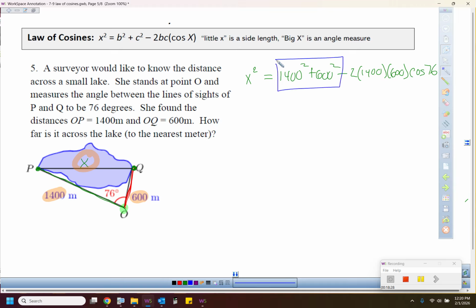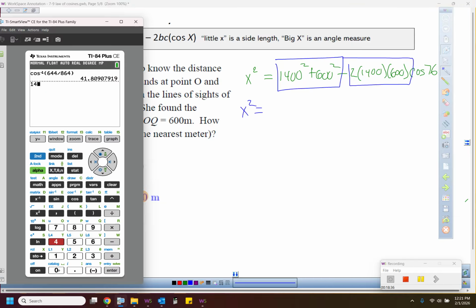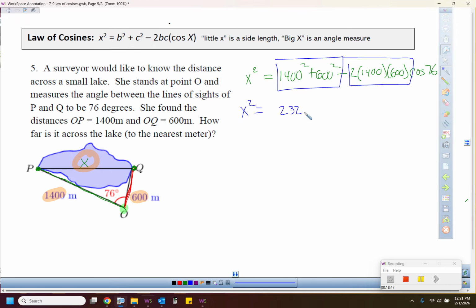So then right there, we'll figure out what's in these boxes. So x squared is going to equal 1,400 squared plus 600 squared. That's going to be big. Whew! 2, 3, 2, and 4 zeros. Go back and put commas every 3 spaces.